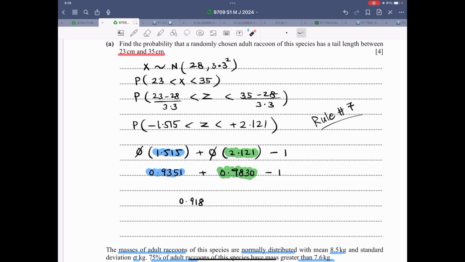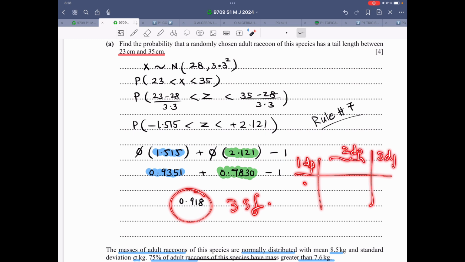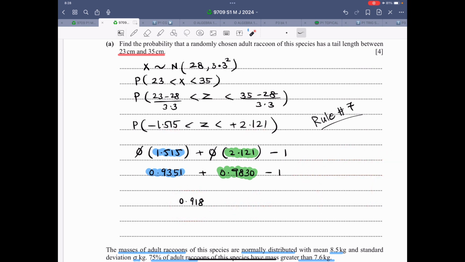There is kind of a mix up between the decimal places and the probability. The probability is given to 4 decimal places or maybe 4 significant figures. So that's the final answer, 3SF. And the z value, this is just a reminder, this is 1 dp, this is 2 dp, and the last column, the add column, that is 3 dp. So this is 1, 2, 3, that is perfectly all good.